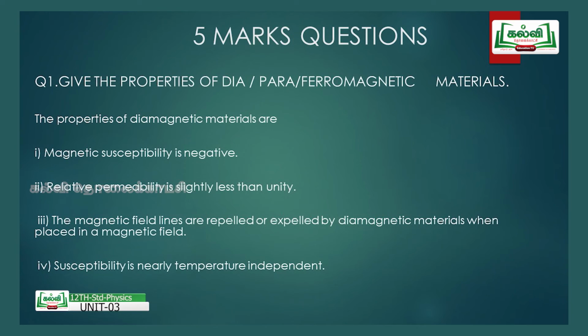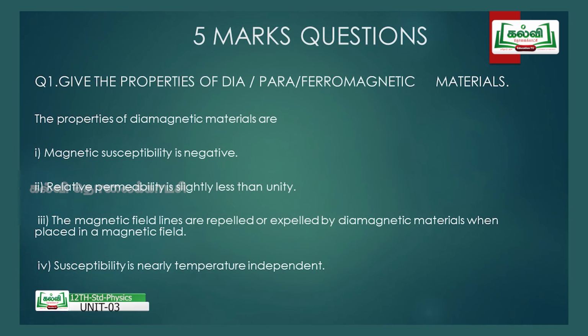Now, we will move on to the 5 mark question. A common question which is asked very often: give the properties of dia, para and ferromagnetic materials. First, we will start with diamagnetic materials. First property is magnetic susceptibility. Magnetic susceptibility is negative for diamagnetic materials.